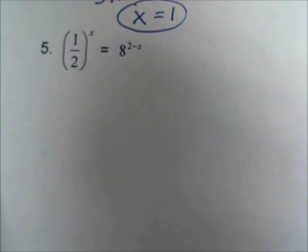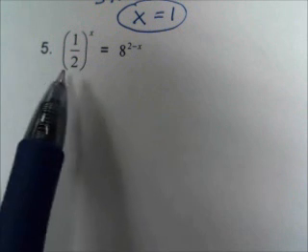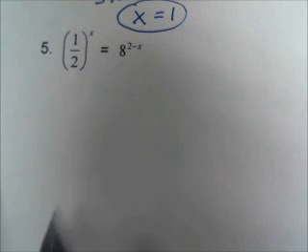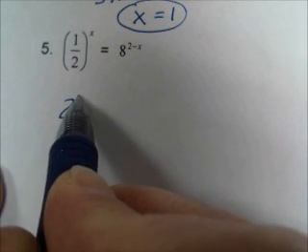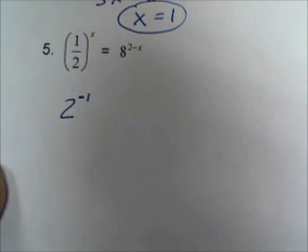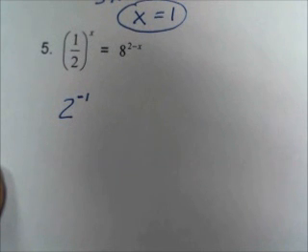Let's try to get rid of that fraction. 1/2 can be expressed as 2 to what power? 1/2 can be expressed as 2 to the -1, right? 2 to the -1 would be equivalent to 1/2.